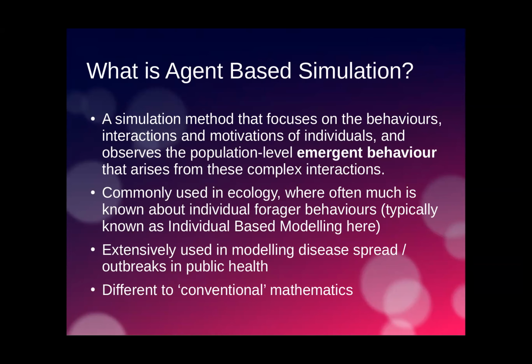We also touched on how it's commonly used in ecology, where it's known more often as individual-based modeling, particularly in things like ecological foraging models, where you often know a lot about how an individual forager behaves, but you don't know so much about how they behave at a population level. It's also been extensively used in modeling disease spread and outbreaks in public health. And as we saw last time, it's quite different to conventional mathematics, and has these interesting properties and patterns that emerge in the natural world.